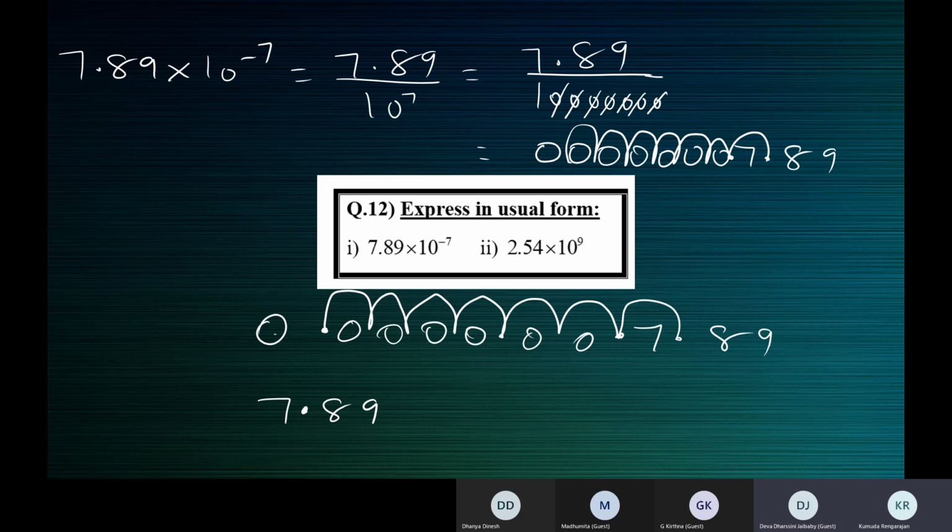You'll have to shift it by 7 places. 1, it will come here, before 7. 2, 3, 4, 5, 6, 7. It comes here, and you can add zeros in all these places. So it is 0 point, and you can add a 0 before the decimal point: 0.0000000789.